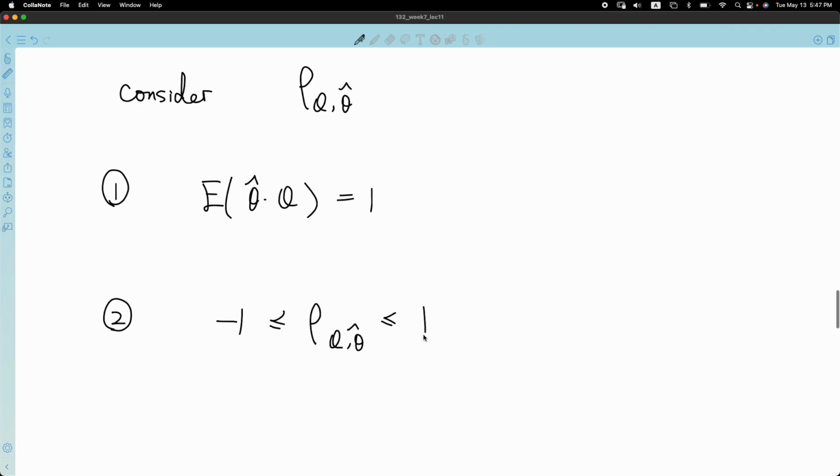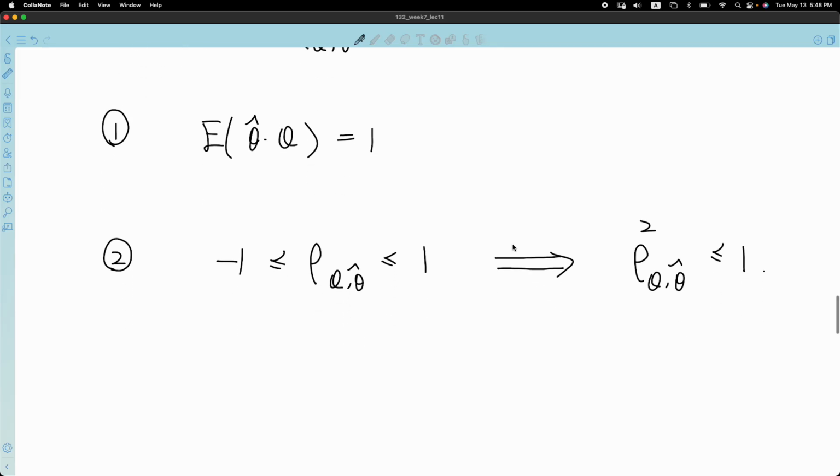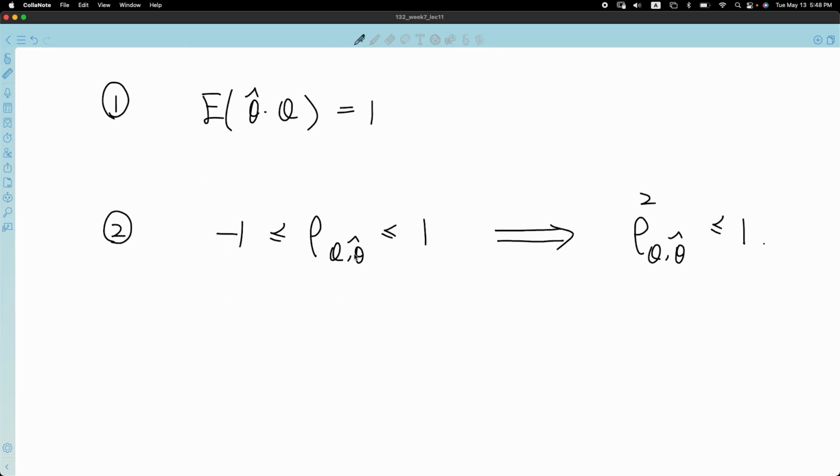This also leads to another result, that the square of the correlation is less than or equal to 1. We know the correlation is between -1 and +1, so the square of that is at most 1.